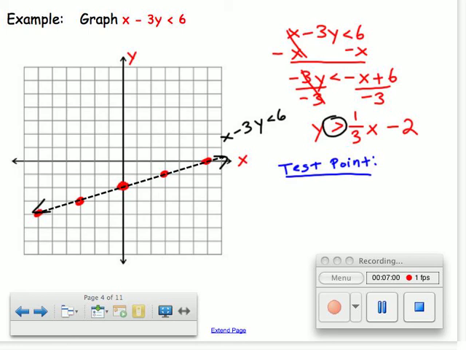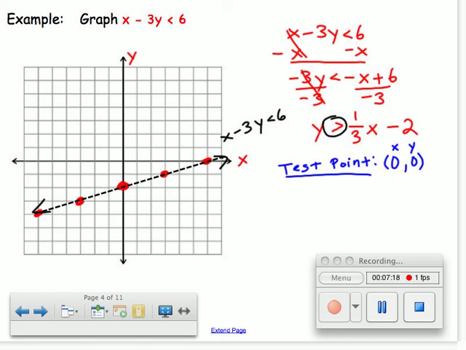So here I'm testing 0, 0. I'm going to take those x and y values, substitute them into the original inequality, and see if that statement's true. Let's do that first, and then I'll tell you what it means.